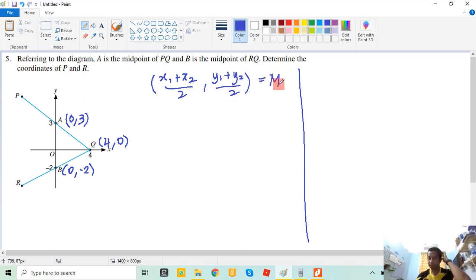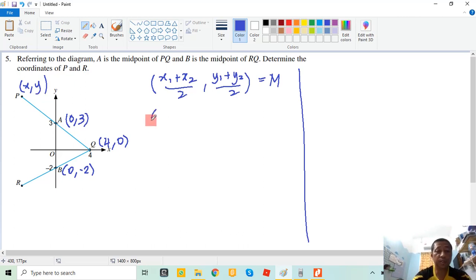We can write like that also, no problem. So we substitute the value for P. P, we don't know the value, so we can write this as x, y, or x1, y1. Doesn't matter.